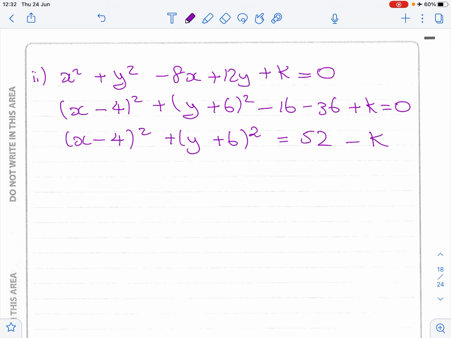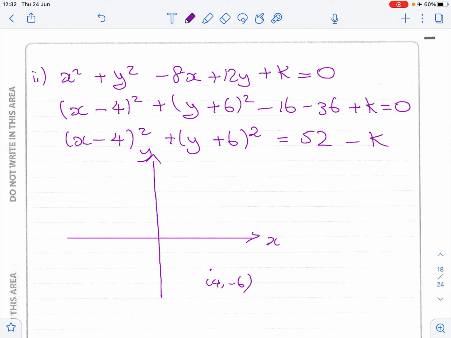So now we can sketch this circle onto a graph. So let's just have our graph. So remember, we have x and y. So the center of the circle is (4, minus 6). So here it's (4, minus 6), which is the center of the circle.